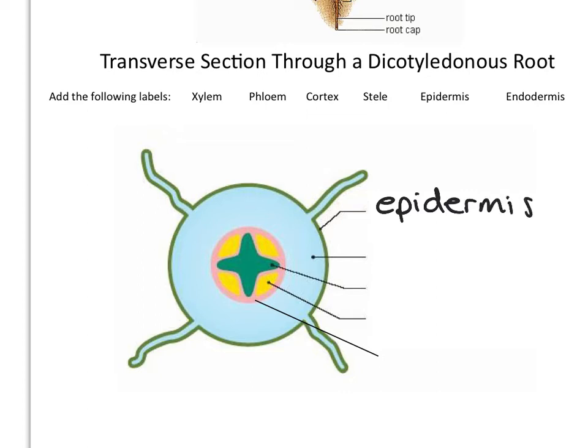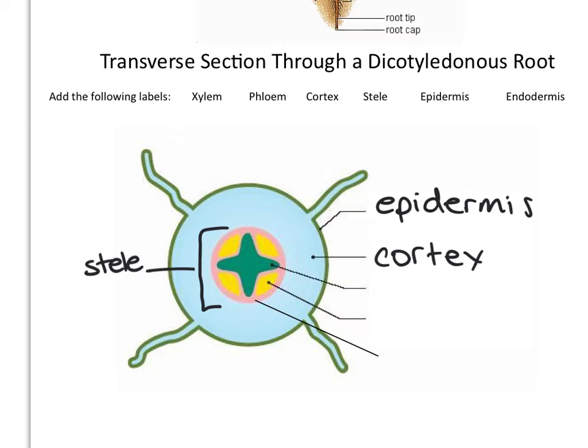What's the next layer then, moving inwards? Cortex. And then inside, we have this layer, or this whole area, which is called the stele. So we're going to put another label at the other side, and this is STELE.